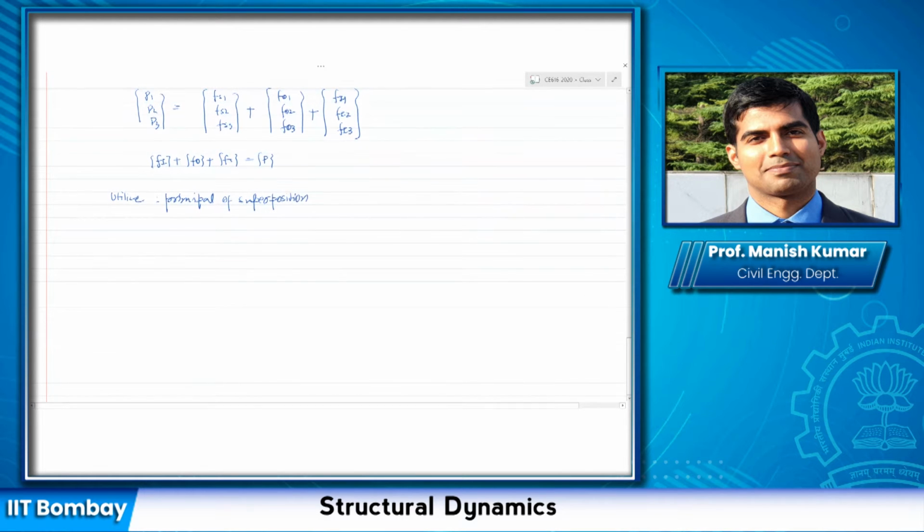Okay, that is one concept, and also the concept of stiffness influence coefficients. These two concepts we are going to utilize to formulate the K matrix, and extend the same concept to also formulate the M matrix.